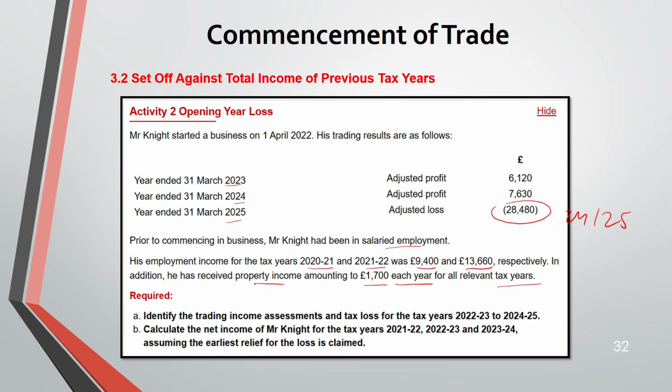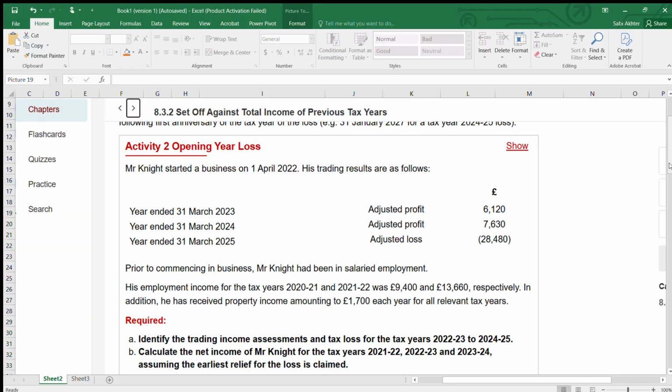Part A, identify the trading income and the tax loss for the tax years 22-23 to 24-25. Then calculate the net income for 21-22, 22-23, assuming the earliest relief for the loss is claimed. So let us do this. In part A, we have to find the trading income.